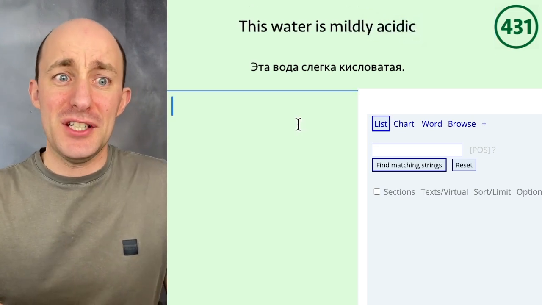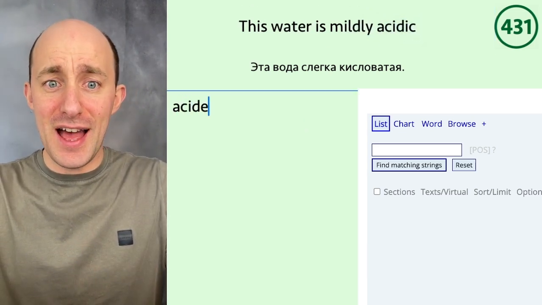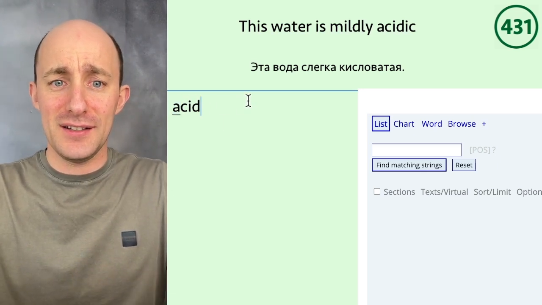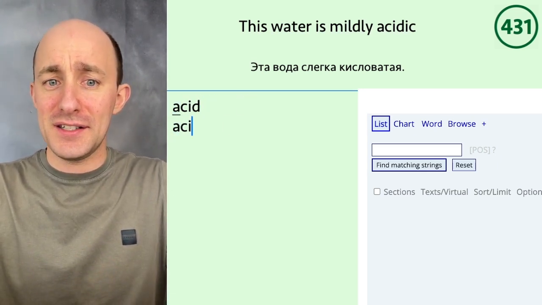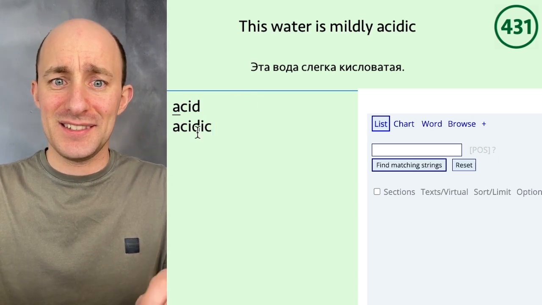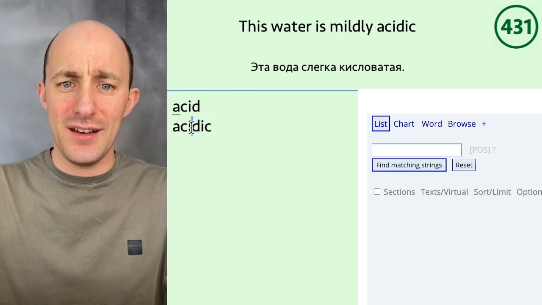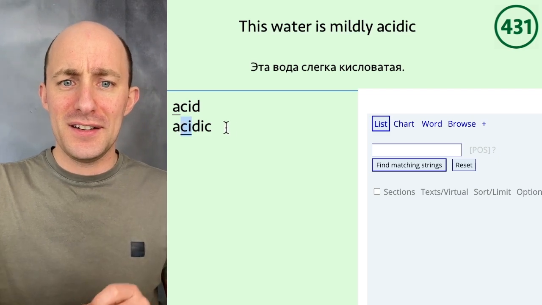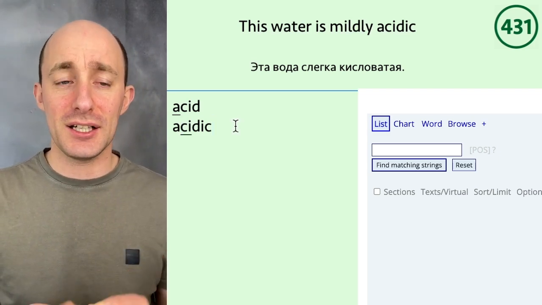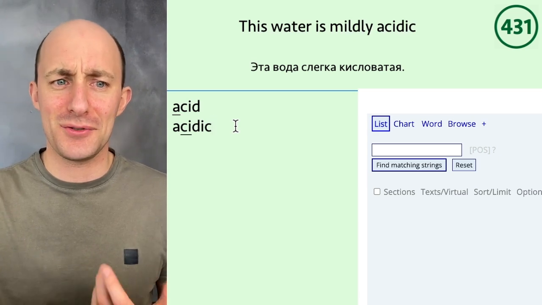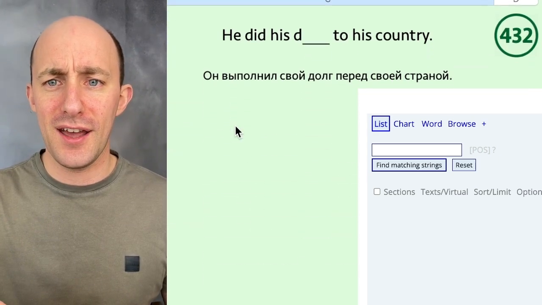So maybe the most interesting thing here is that acid, the stress is on the a, but acidic, the stress is on the si. Acid, acidic. Acid, acidic. I think this is a direct translation to Russian, so there's no more to say.